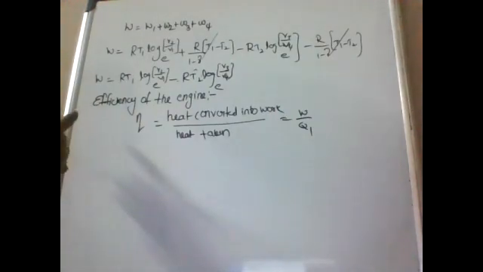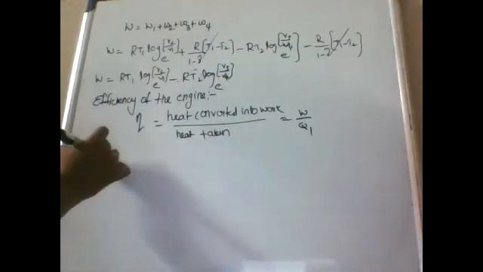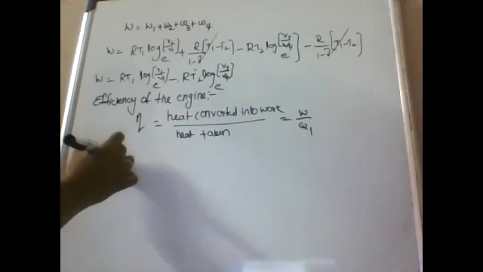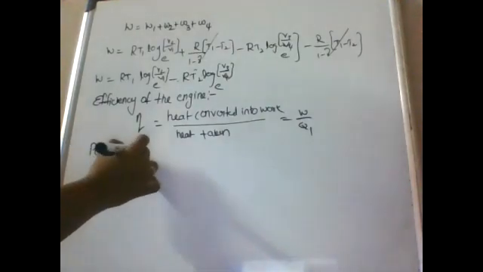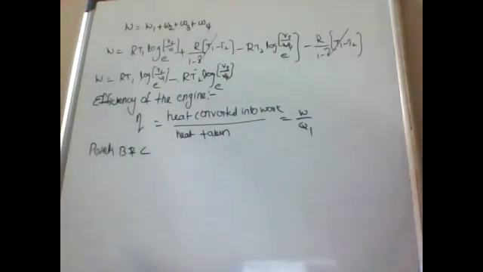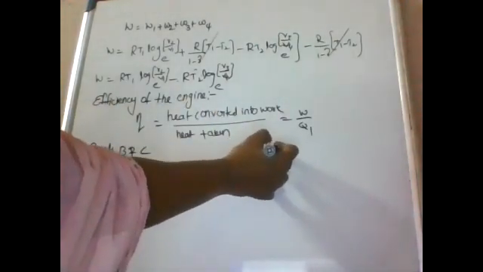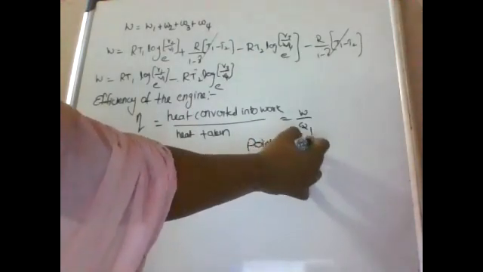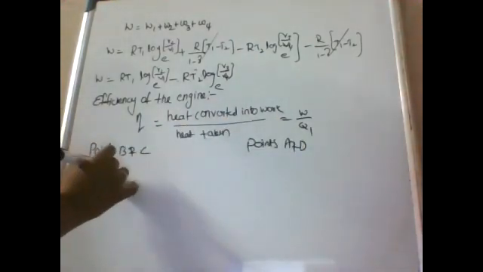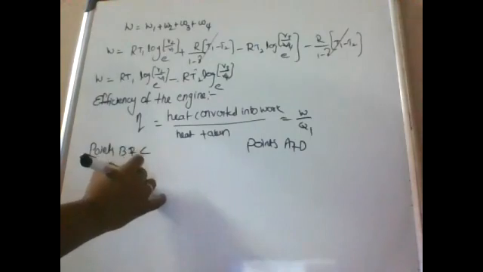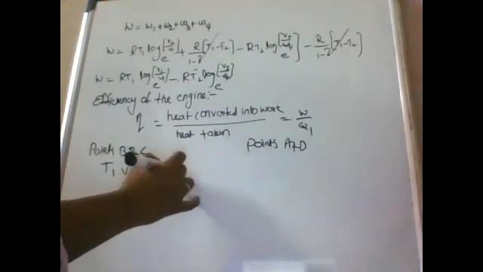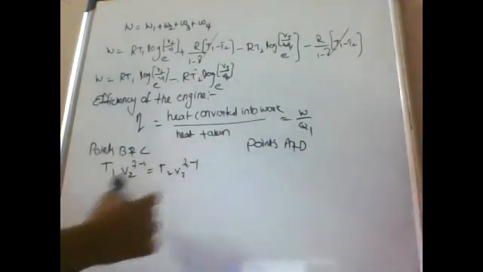Before substituting values, here in the Carnot cycle we have two adiabatic processes. Points B and C are the same adiabatic, and points A and D. So from the diagram, T1 V2 power gamma minus 1 equals T2 V3 power gamma minus 1.